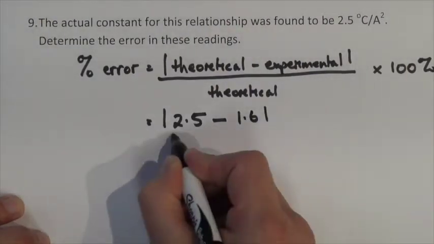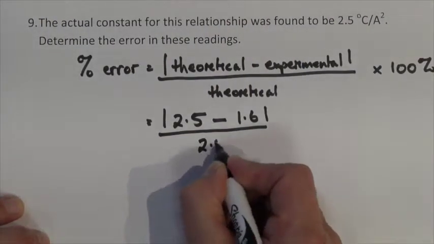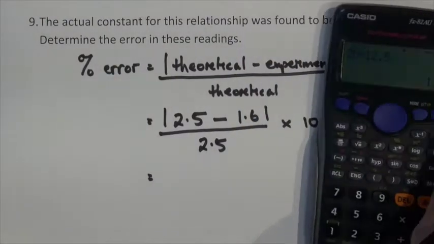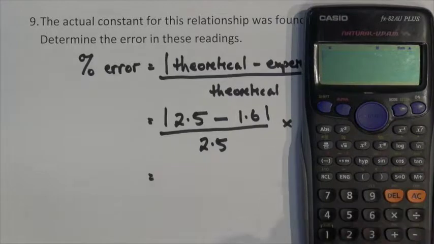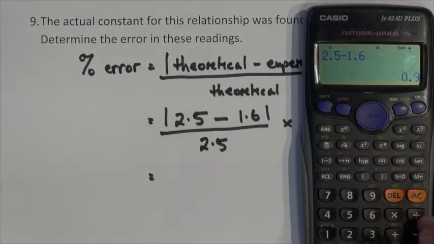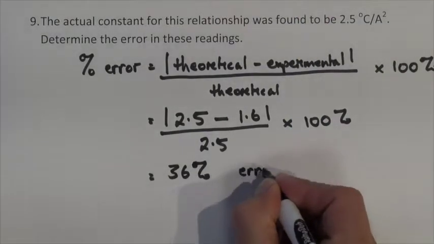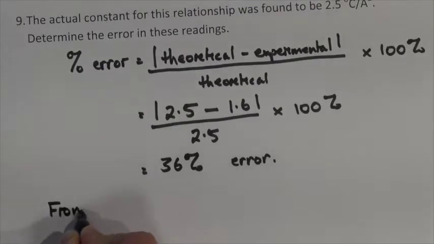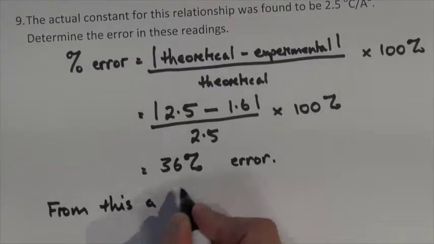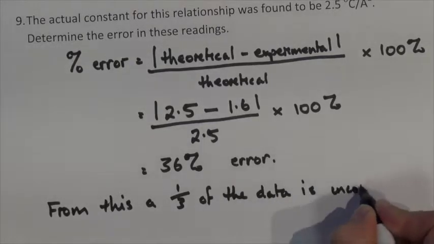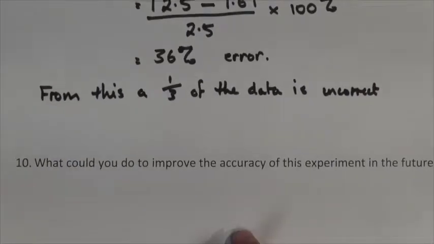If I take those two away, the difference between those is the error, and converting that to a percentage, I end up with 2.5 minus 1.6 equals 0.9. Divide by 2.5 and times by 100 gives me 36%, which means a third of my data is a mistake. So from this, a third of my data is incorrect.